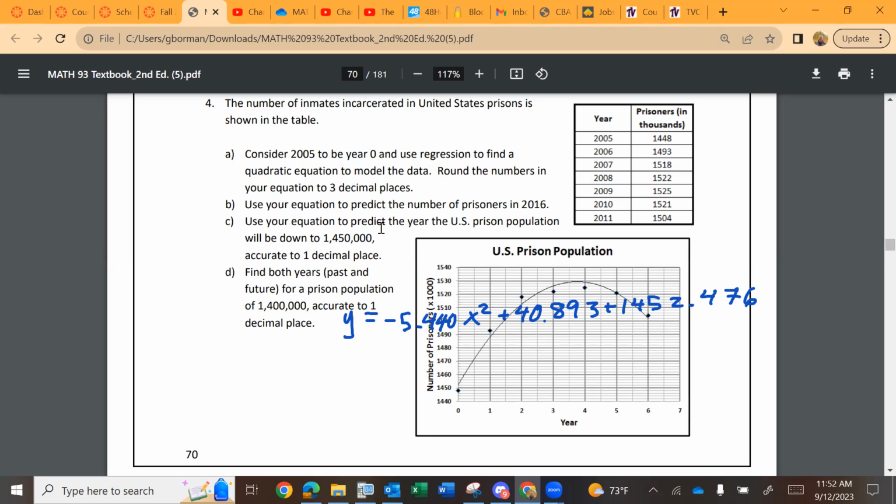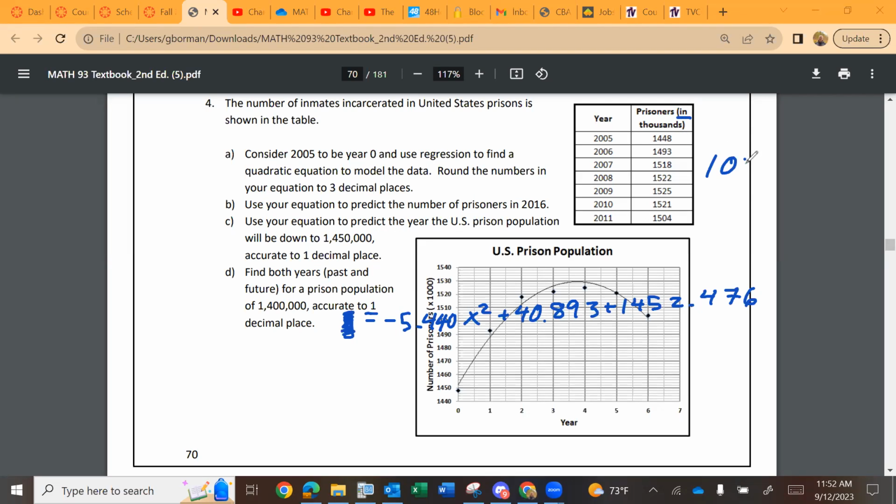So how do we do it? Well, I'm glad you asked. There's more than one way to do it, but the way I'm going to show you is the way the author shows you, so that tends to work pretty good. Because this is a Y value, I'm going to plug it in for Y. But before I do, remember, the number of prisoners is always in thousands.